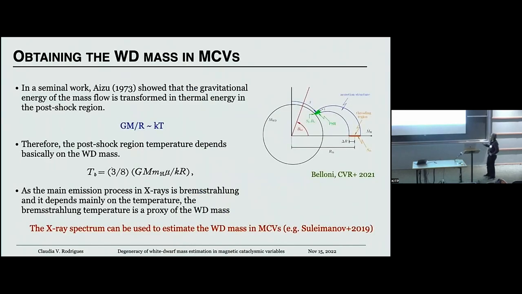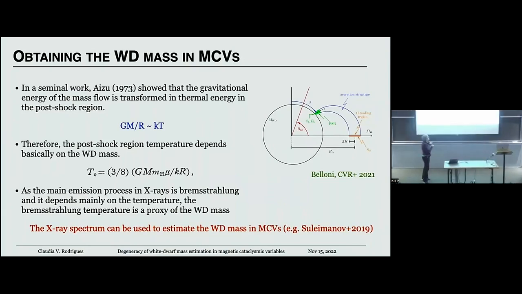And since many years ago, we know that the X-ray spectrum of magnetic cataclysmic variables can be used to determine the mass of those objects, because in the post-shock region, the gravitational energy is converted into thermal energy. So you have a very simple physical equipartition.